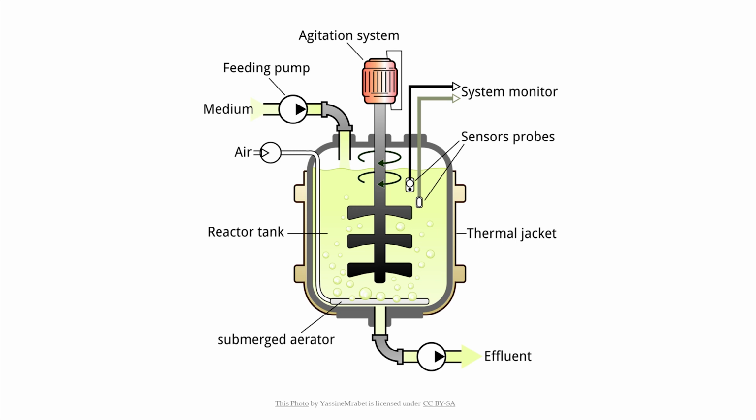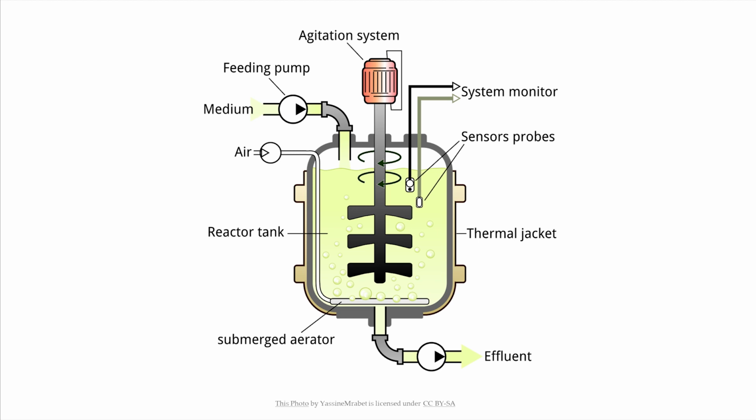A bioreactor has a tank as the reaction container. And the tank is covered by a thermal jacket, which, as the name implies, is to keep the temperature stable. And inside the tank, you have the agitation system, which is for stirring your reaction content around. It helps with the distribution of gas and substrates.